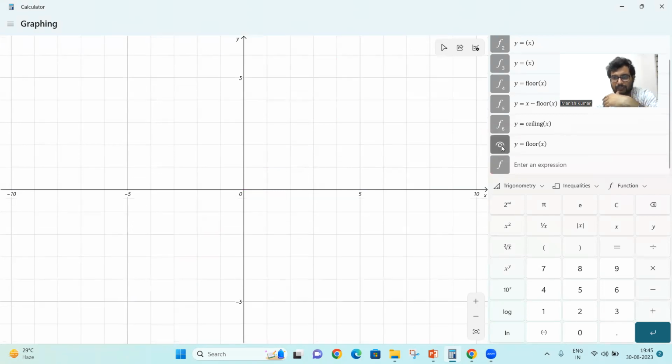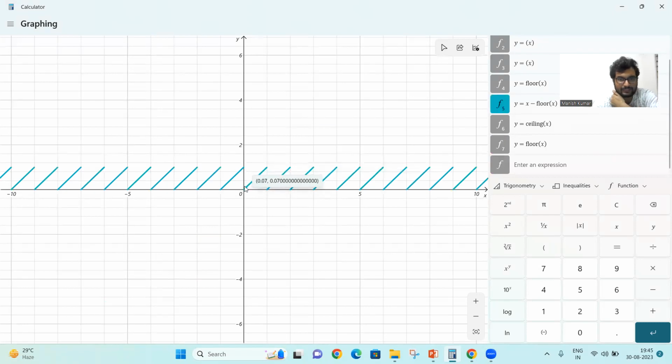I am hiding it and going for this: when x is between 0 and 1, the value of ceiling is 1. And I am hiding it and again going for the fractional part of x. For any value other than an integer, the lowest integer value is subtracted from it, and the result is between 0 and 1. This is also a periodic function, and its period is 1.